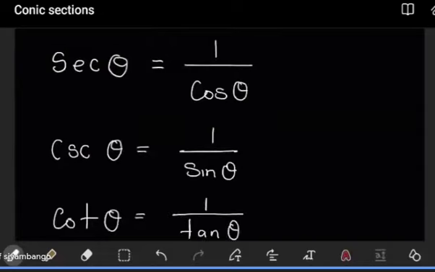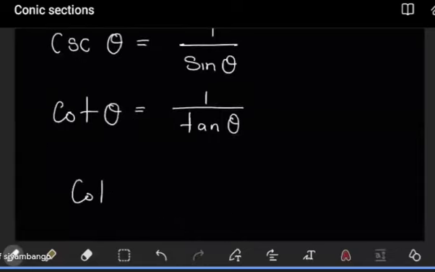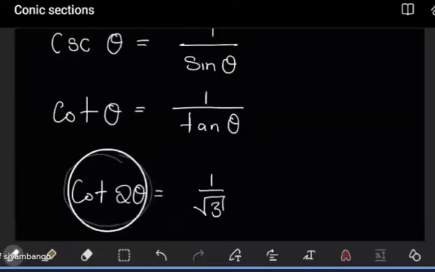Now, in our current case, we had an equation where we had cot 2 theta being equal to 1 over root 3. But we then concentrated on this. We say, okay, this can be related to tan.